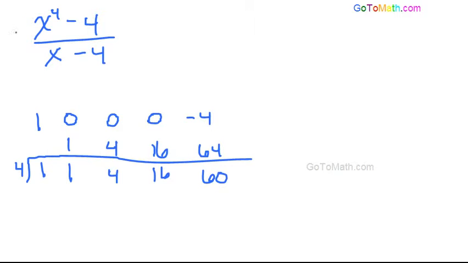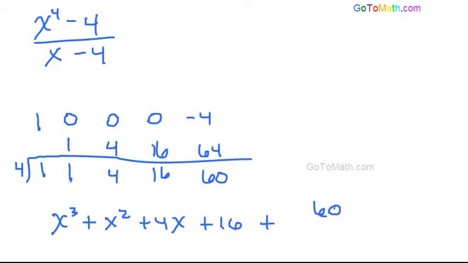Okay. So we want to reduce it by 1, and this is x to the 4th, so this is going to be x cubed plus 1 times x squared, and then 4 times x, and plus 16, and plus 60 over x minus 4.